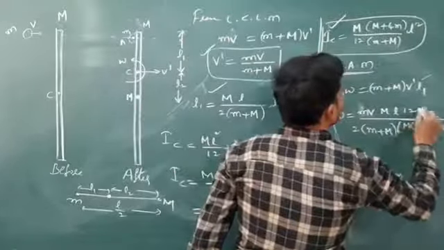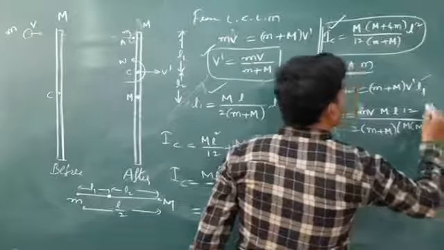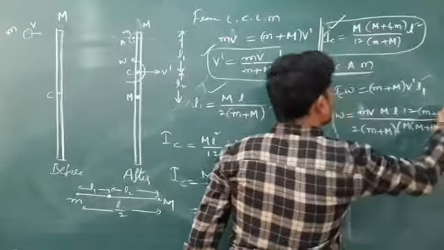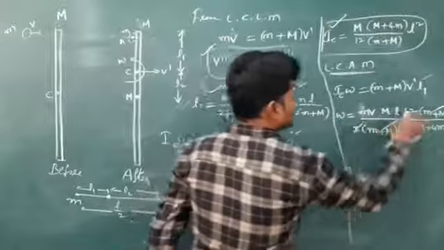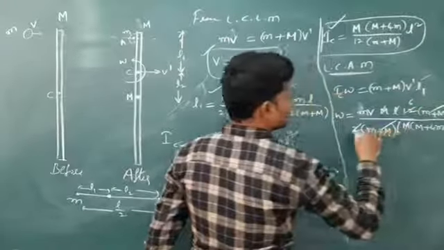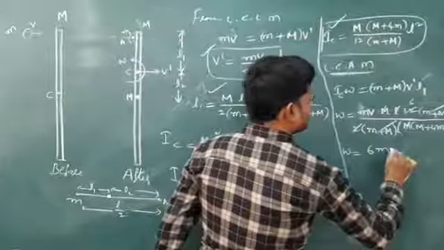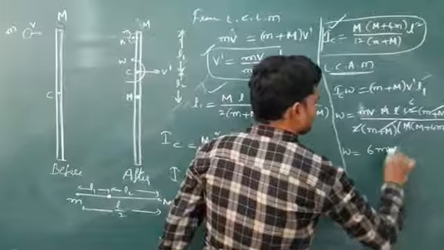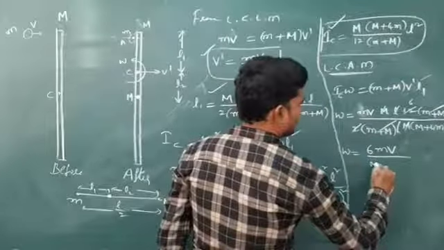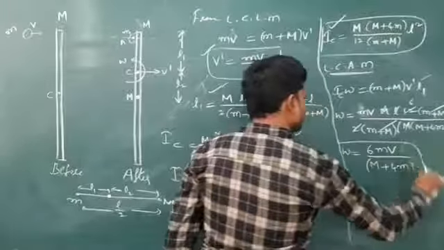12, here L square is there, 12 small m plus capital M. Just verify the simplifications. This is 6, capital M gets cancelled, 1 L gets cancelled. So 6 mv, 6 mv by capital M plus 4m. Okay, verify these calculations.